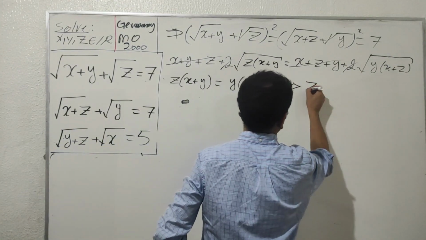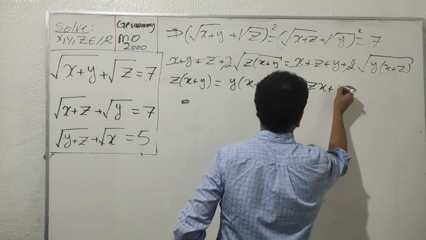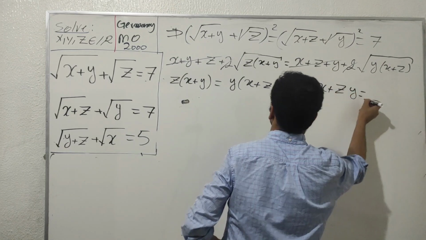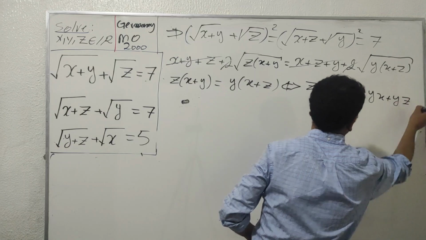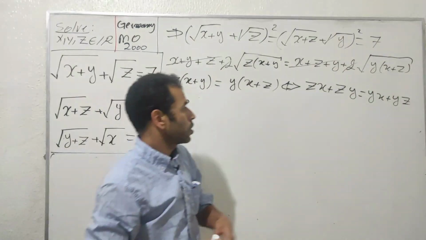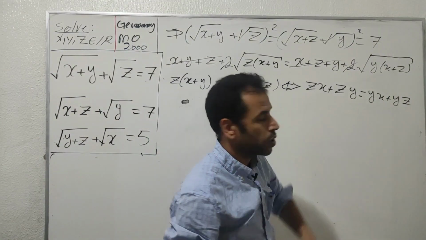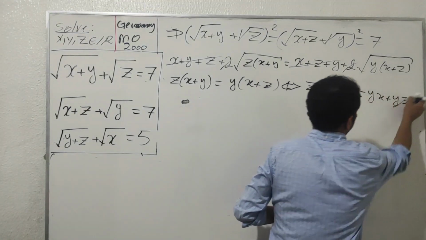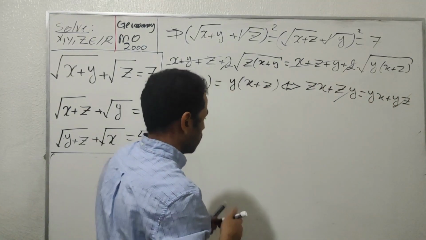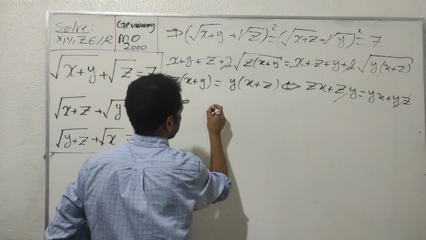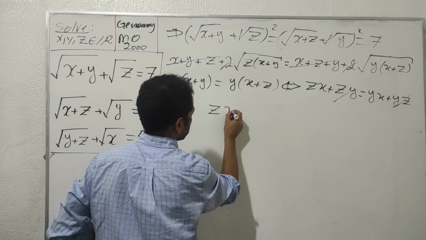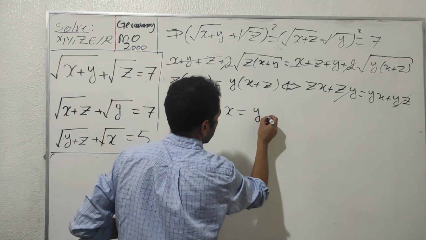I get zx plus zy equals yx plus yz. Consequently zy will be cancelled out from the left and the right because it repeats two times. Then I will be left with this nice expression, zx equals yx.